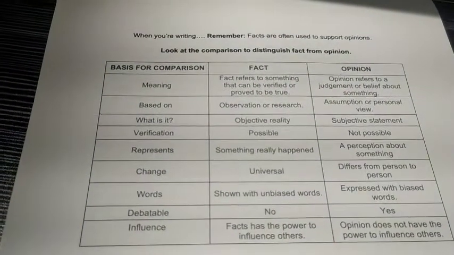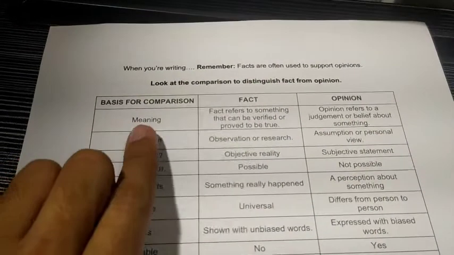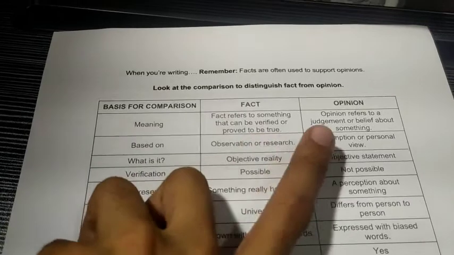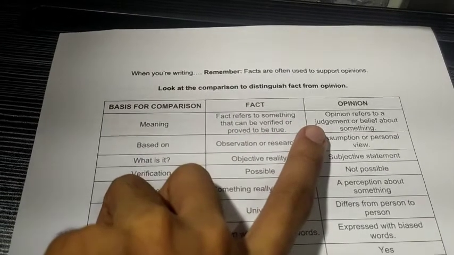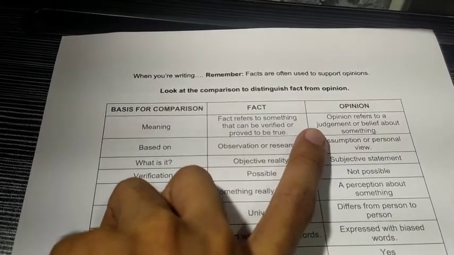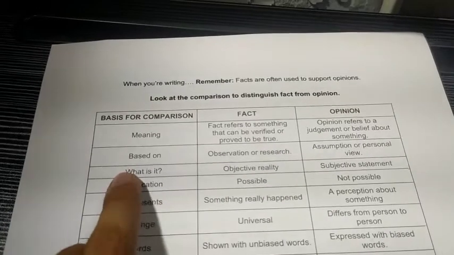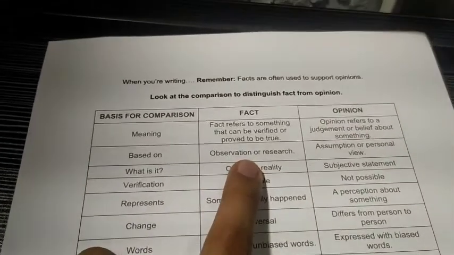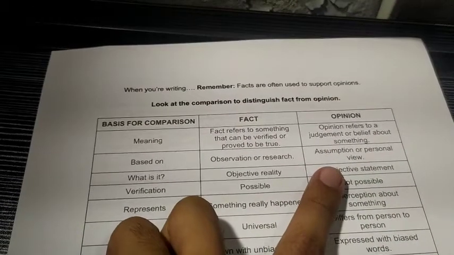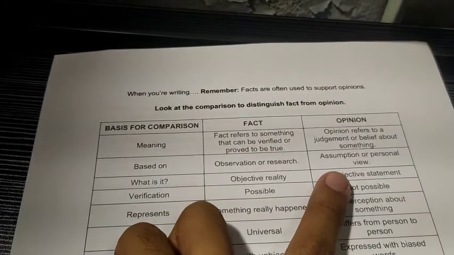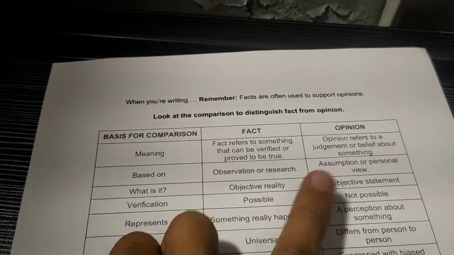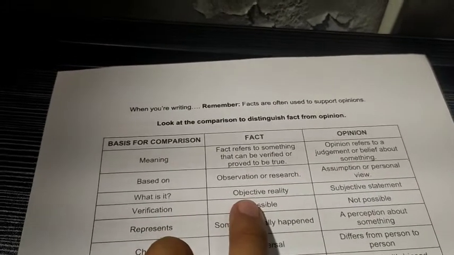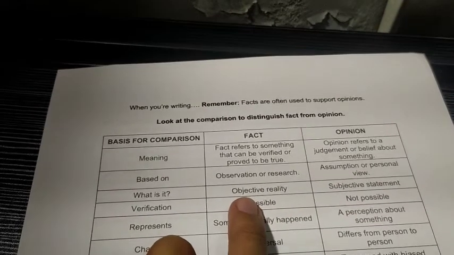So, basis for comparison. When it comes to meaning, fact refers to something that can be verified, but opinion is just a judgment, your own judgment, but not true to all. Fact is based on research, study, or more on scientific. But opinion is based on personal views only. What is it? Objective, subjective. When we say objective, it is general, universal, true to all.